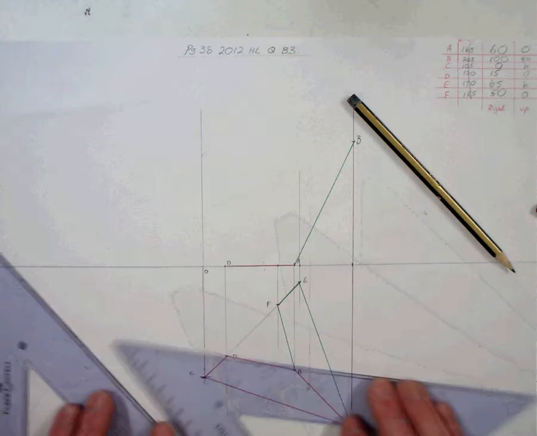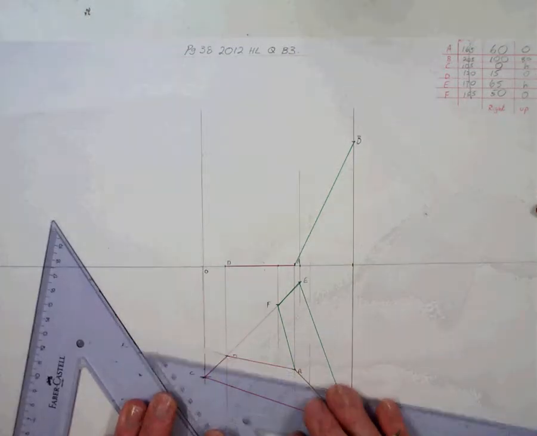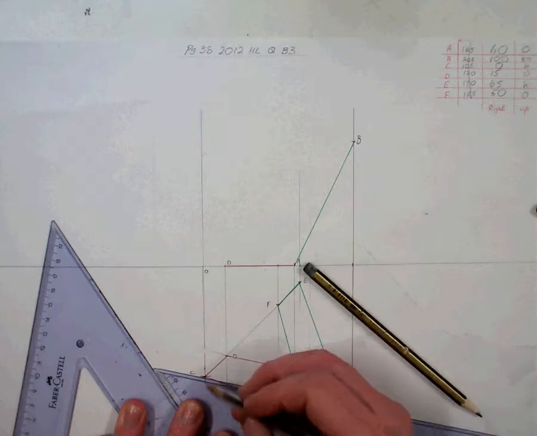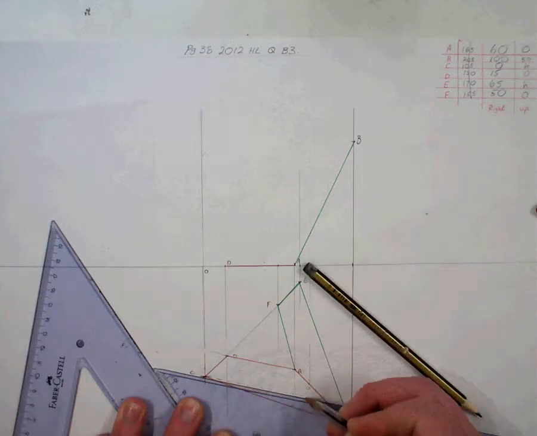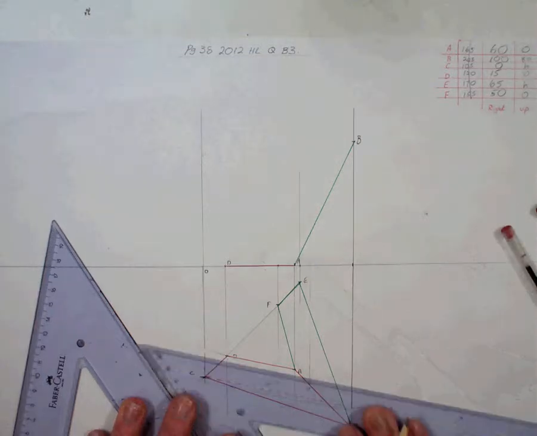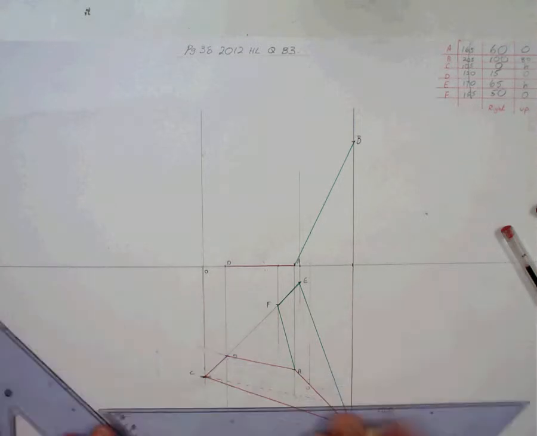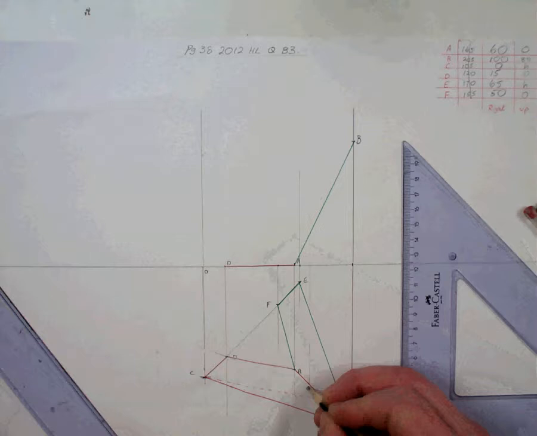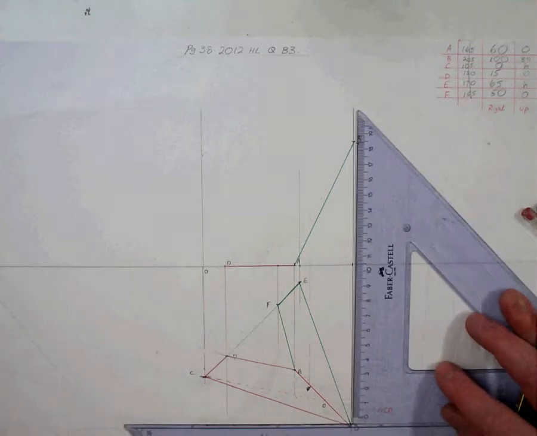If I take the angle that DA is at in plan, and I pass that same angle out through C, I am using a horizontal cutting plane, because I went parallel to DA out through C. That finds a point O on the line AB, and I can bring that up.